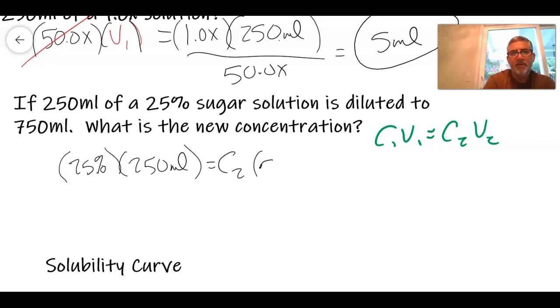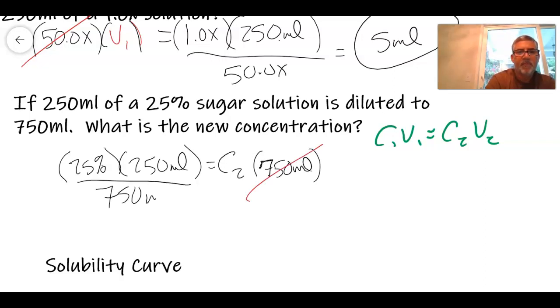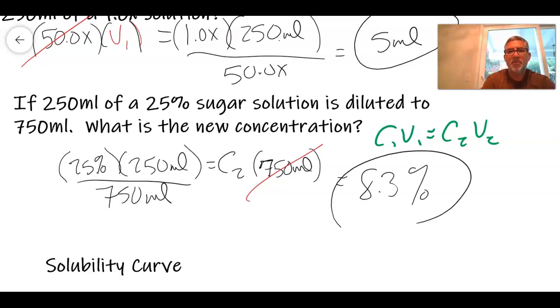And V2 I've got 750 milliliters. Again, I'll go ahead and move that over here. I get 8.3%. So that's my new concentration. Okay? So 3 ways to look at problems.